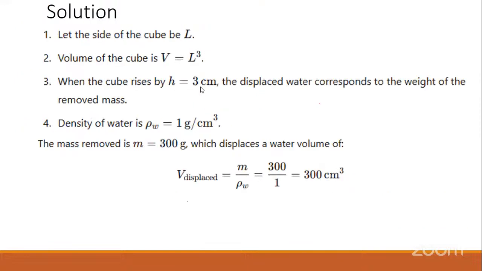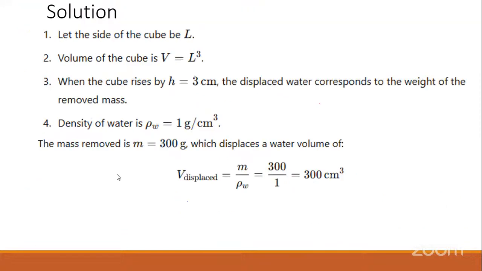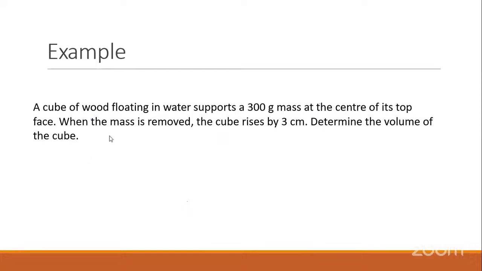We know the height, which is 3. We know the volume displaced. So we can find the area, which is 300 divided by 3. That gives us 100. L squared is equal to 100. So L will be 10. Since we are asked to find the volume of the cube, we now know the value of L. L is equal to 10 cm.